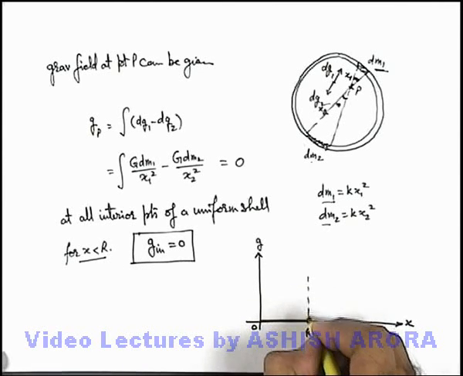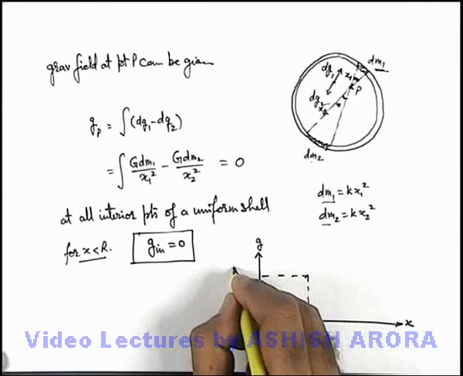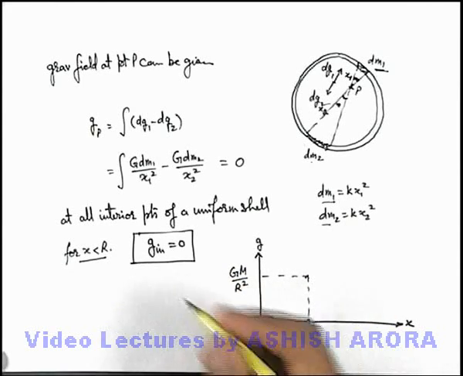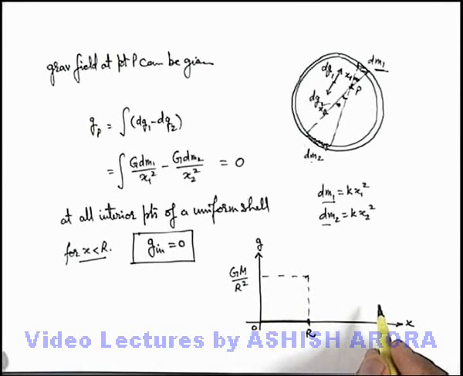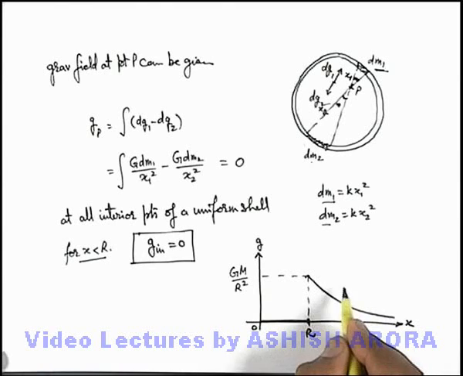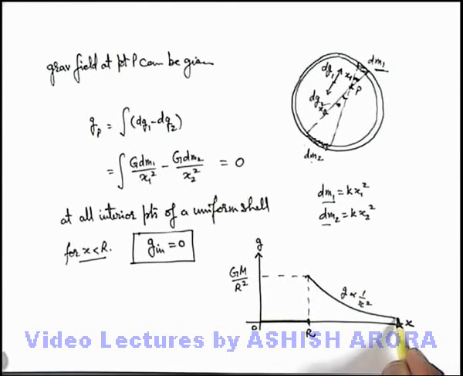At x equals r, its value is GM by r square, which we have already calculated in the previous slide, and outside it is GM by x square. So we can say the curve drops in such a way that g is inversely proportional to x square. This is the curve which shows the variation of gravitational field with the distance from the center of a spherical shell.